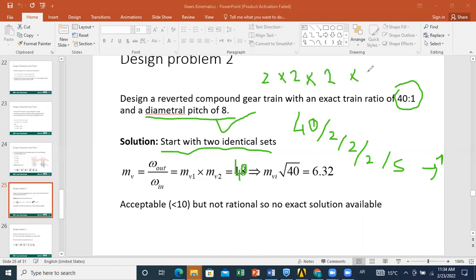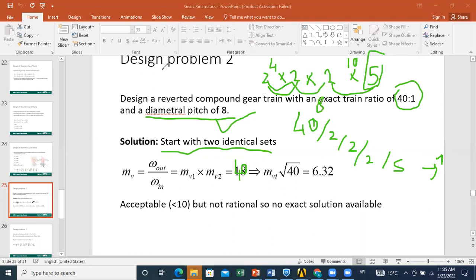Okay. Now, because I am considering 2 sets, I have several possible combinations of gear ratios. First, I can take 2 with 2 and 2 with 5. This will give me 4 and 10. But I can select a better combination. If I take 5 alone, and 2 times 2 times 2 will give me 8.